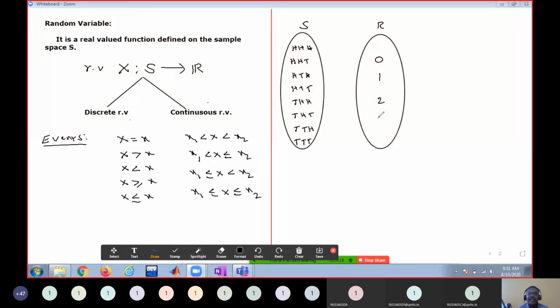I can assign any other value also, but because I am assuming that X equal to number of heads, I am defining it like this. See, I am mapping like this.